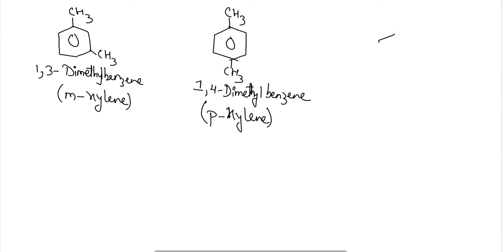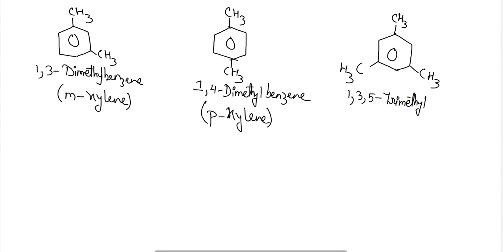Now, if there is CH3 at one position, the third position also CH3, and the fifth position also CH3, then this compound is termed as 1,3,5-trimethyl benzene, and the name of this compound is mesitylene.